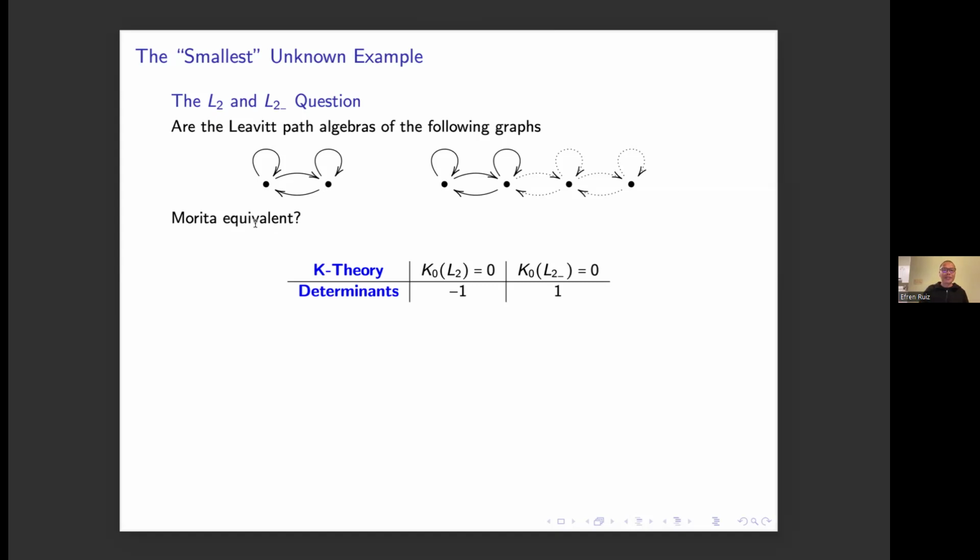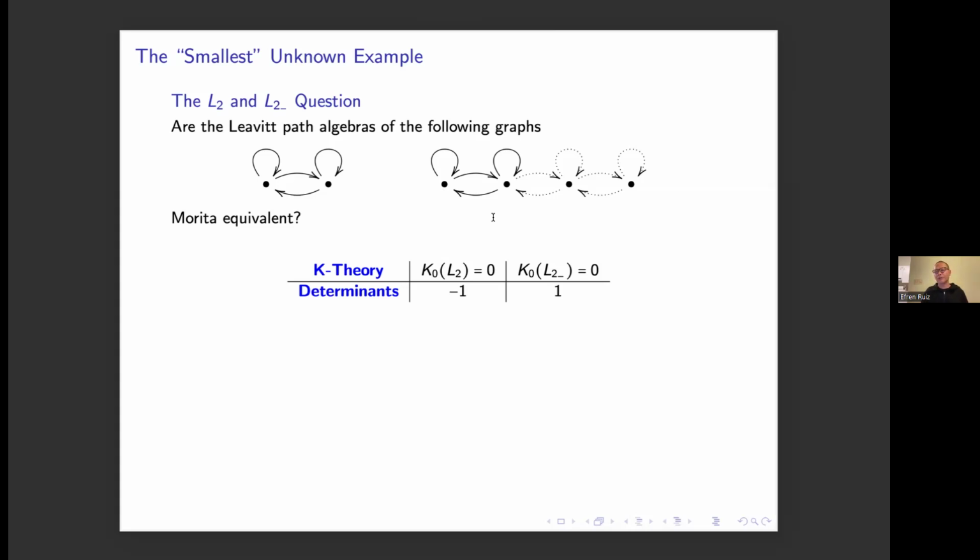L2 is usually the Leavitt path algebra of the graph with one vertex and two edges, and then you Cuntz-Splice that. But those give the same type of algebras. And here, these have trivial K-theory. This is why it's the smallest example.